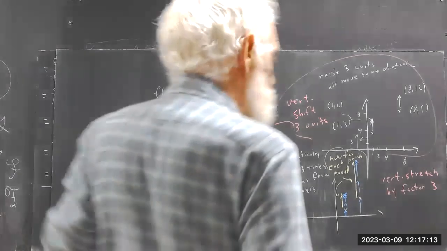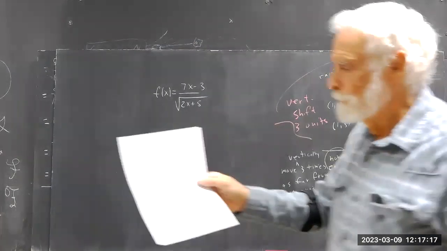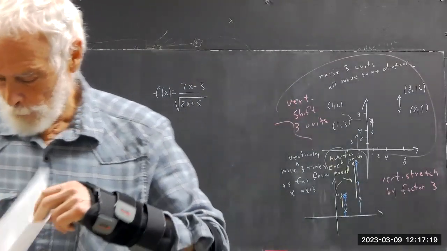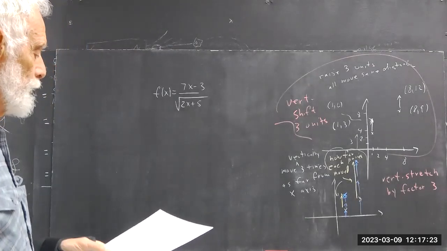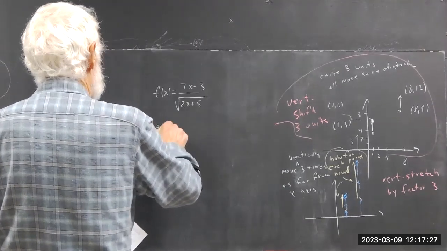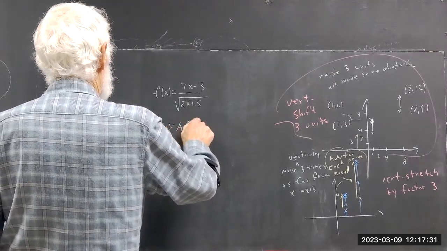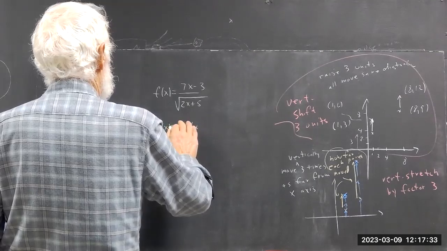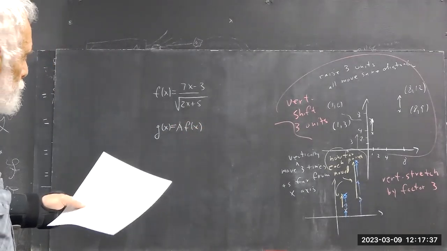So there's a function f of x, very similar to the function we have on the paper here on the third page, about halfway down, a little above the halfway mark. And we want to do u of x equals a times f of x.